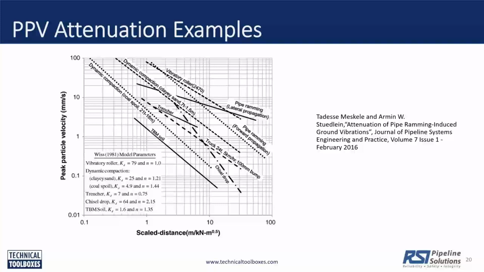Here I have provided one example. There are similar charts that you can find in the literature. Also, there is a report published by Caltrans, California Transportation, and they have equations that are based on similar charts. So let's go to the next slide.